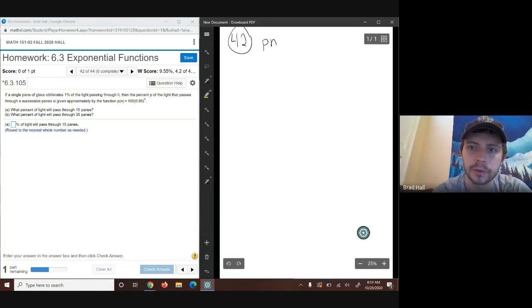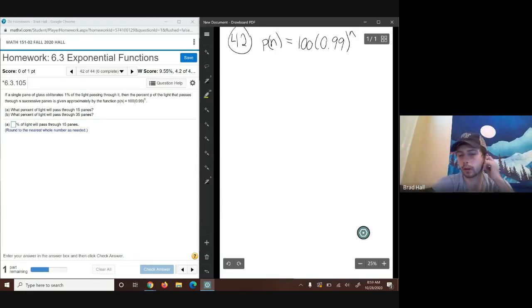I see that there's this function that's equal to 100 times 0.99 to the n. And with this, they're saying that P is the percentage and n is the successive panes.